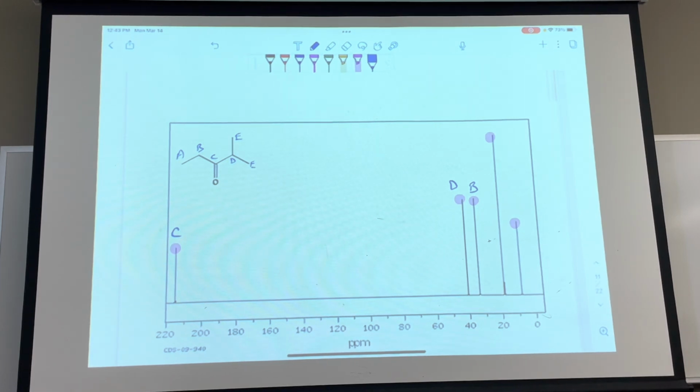The methyls of E are about the same distance as the methyl of A. So that'd be hard to choose. I would not take that bet.